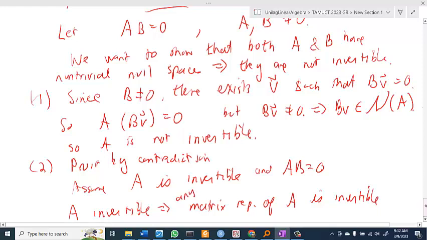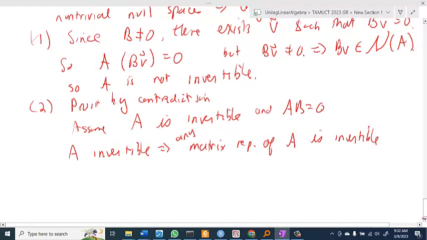For a matrix to be invertible, the representation must be square.